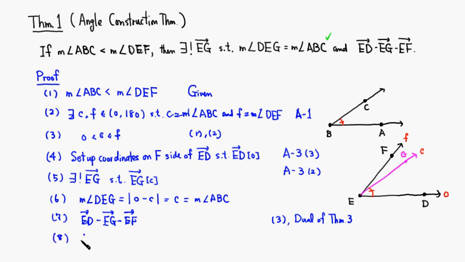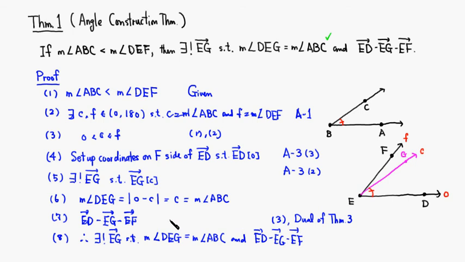So number 8, therefore there exists a unique ray EG such that the measure of the angle DEG is equal to the measure of the angle ABC, and we have the betweenness condition ED, EG, and EF.